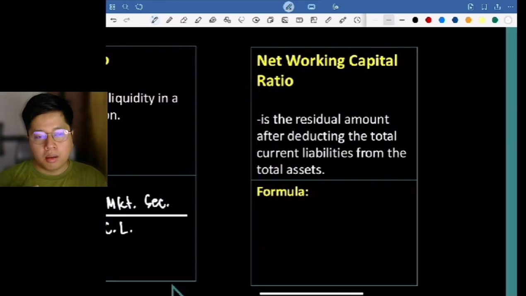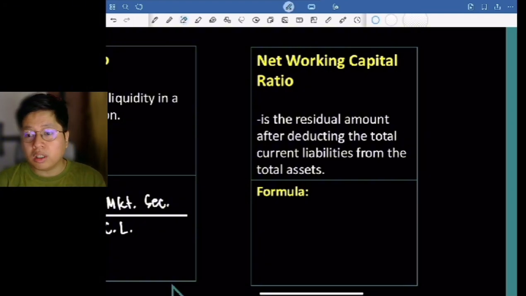By definition, the net working capital is the residual amount after you deduct the current liabilities from the current assets. Net working capital is somehow a little bit synonymous to the equity, but the equity is the residual of the total assets less total liabilities.